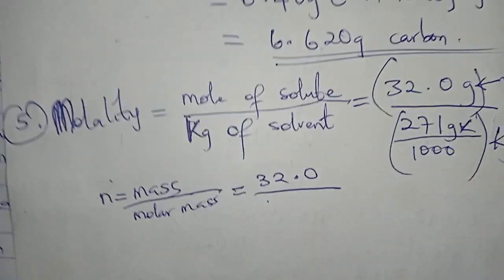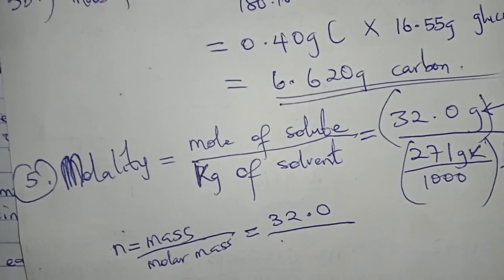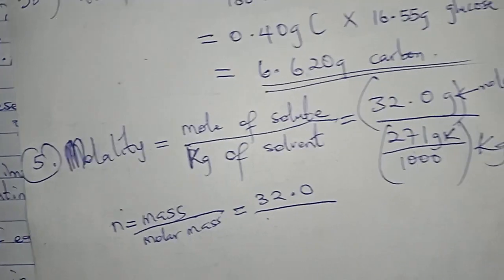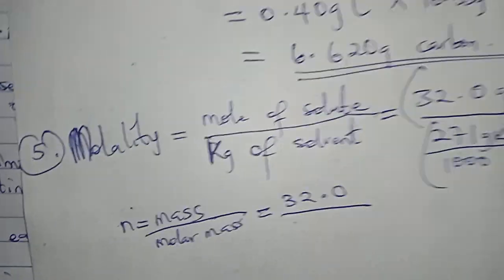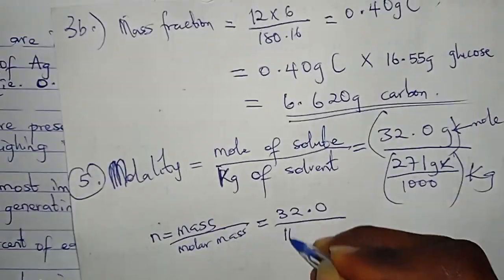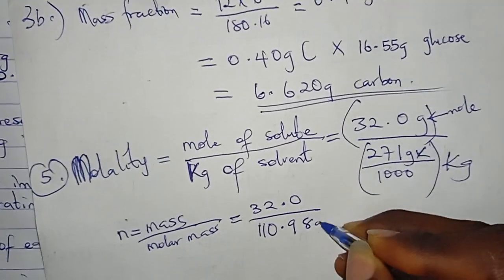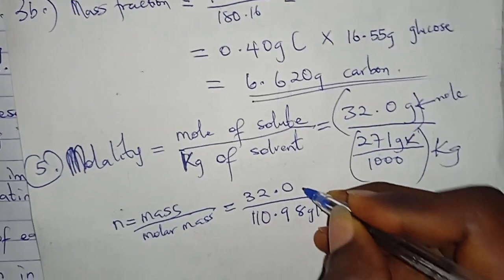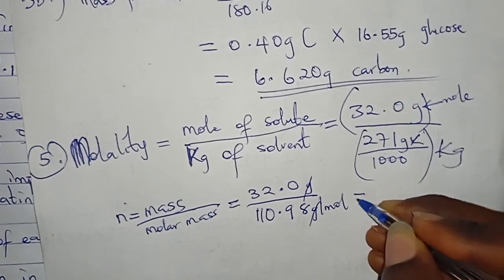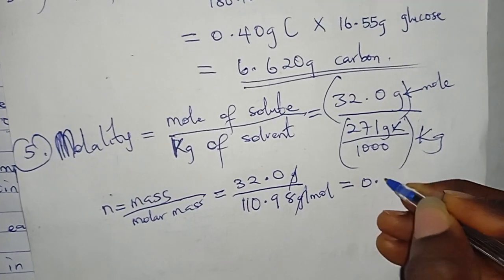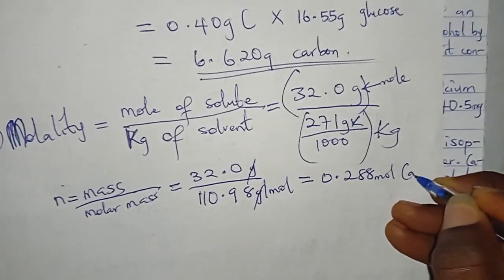I don't want to give you an answer from my head, so I know that the molar mass of calcium should be around 110.98. Don't panic. When it's given, they will give it to you. So do this, you get 0.288 mole CaCl2.